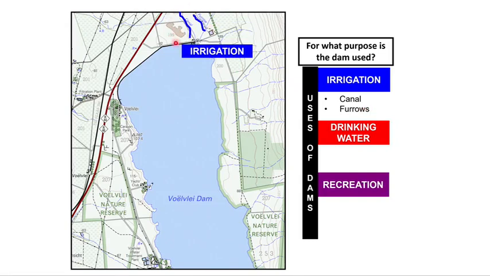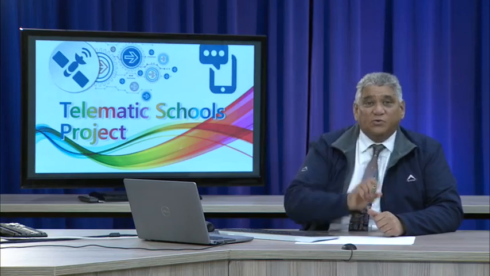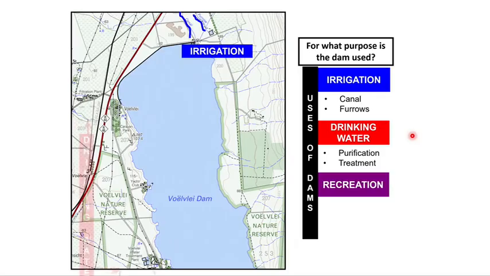So this means that the water of this dam is used for irrigation, right? What about drinking water? How do I know that this dam is used for drinking water? You must look for purification facilities. Is the water being treated close to the dam? And let's have a look at this one. Here we see a word, filtration plant, water treatment plant.